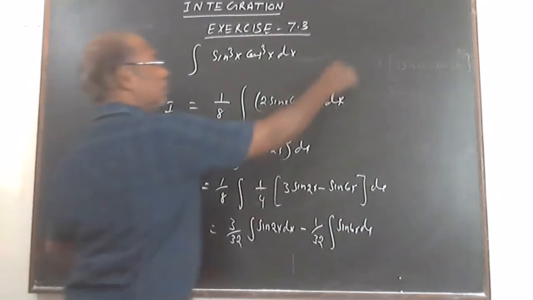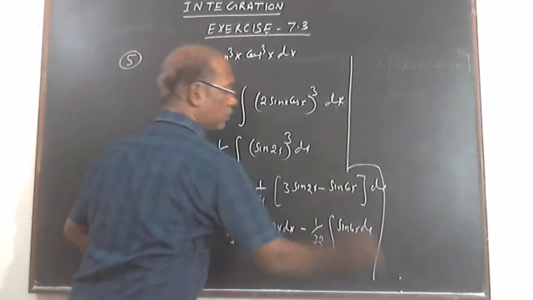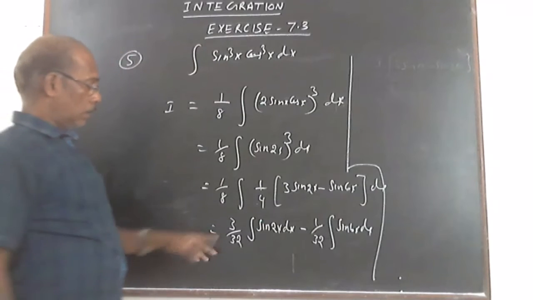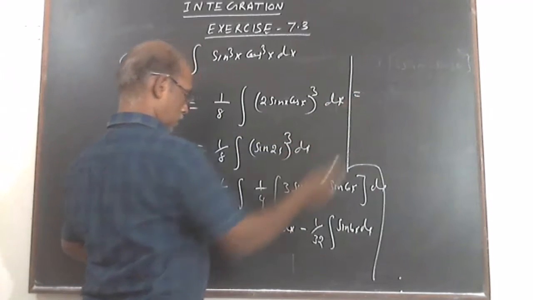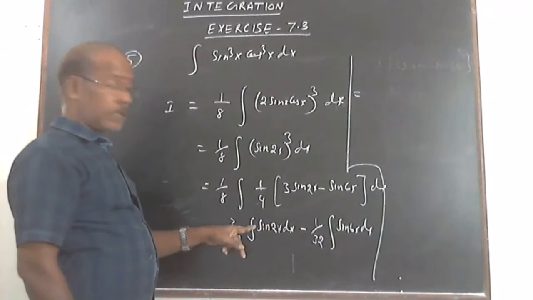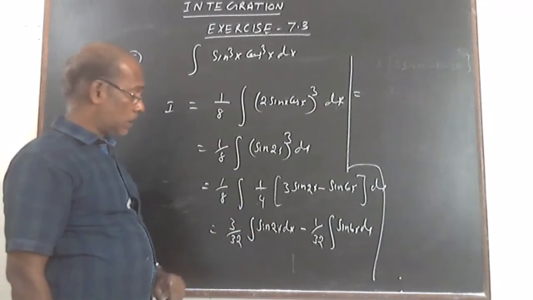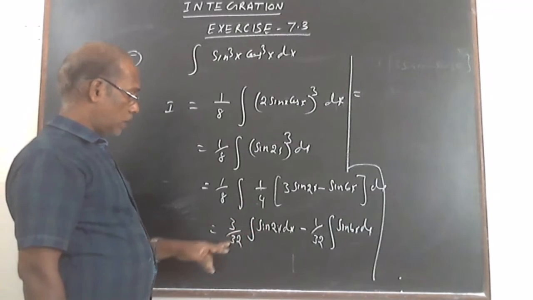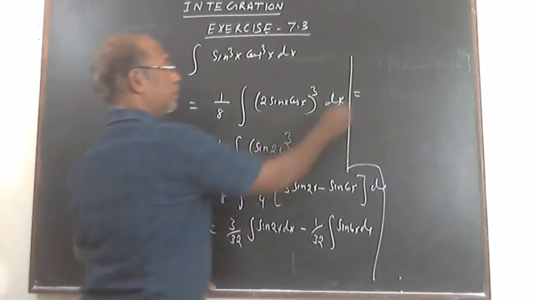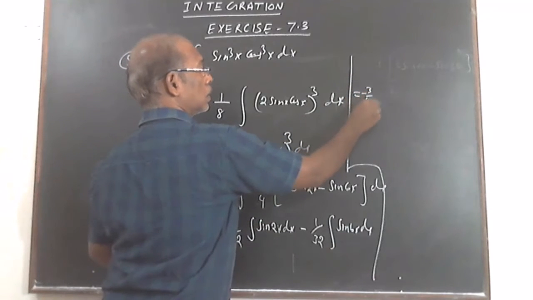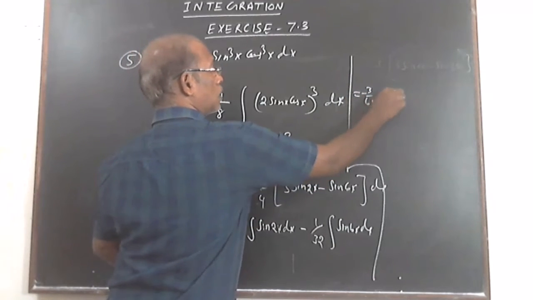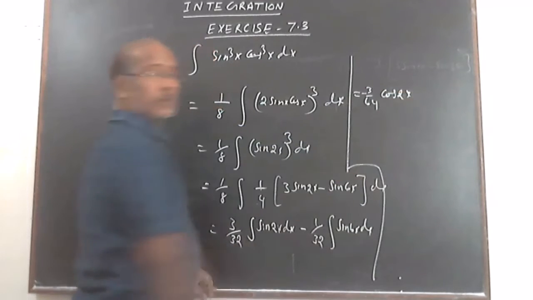So dear student, the first part, integral of sin 2x is minus 1 by 2 cos 2x. So minus 1 by 2 times 3 by 32 gives minus 3 by 64 cos 2x, correct?